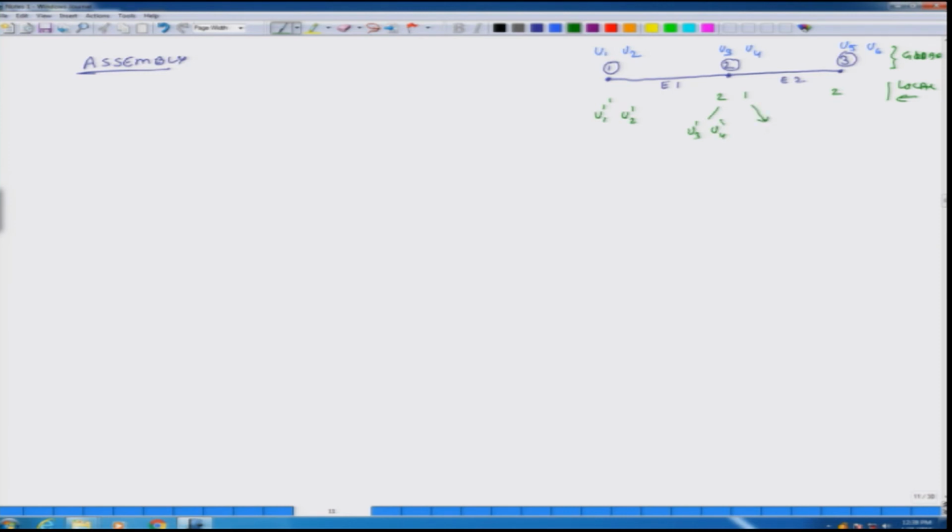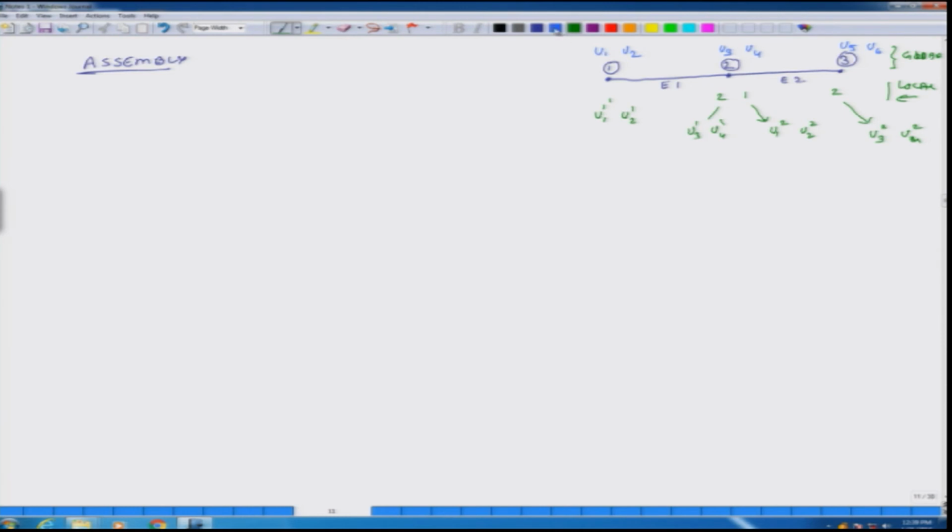Associated with the first node of the second element, I have u1 of second element and u2 of second element, and associated with its last node, we have u3 second element and u4 second element.